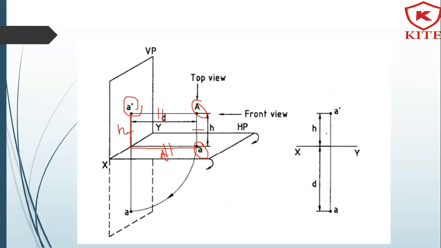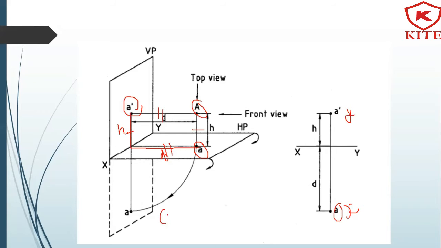So here A dash is above the XY line, and small a is below the XY line, which indicates your X coordinate, or this is the Y coordinate.